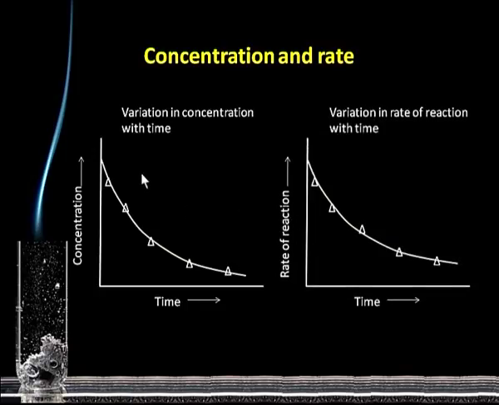That means you can draw a parallel between decrease in the concentration of the reactant and decrease in the rate of reaction. Both seem to be following similar trend. How exactly the two are related, we are going to see a bit later.